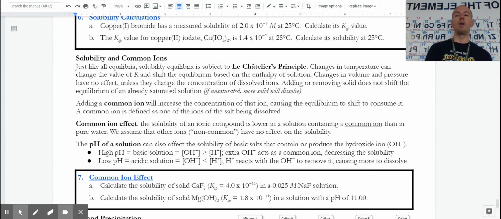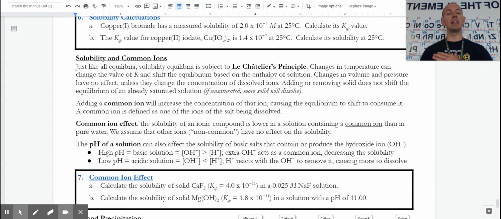That ion we call a common ion. So a common ion, very simply, is an ion that already is a part of our equilibrium. So when we are taking silver chloride, the example we looked at before, a certain amount can dissolve in pure water. If I put it in salt water, there's already sodium ions there and chloride ions there. When I'm doing the calculation and looking at the effect of that, I have more chloride, one of my products, that causes me to shift left.